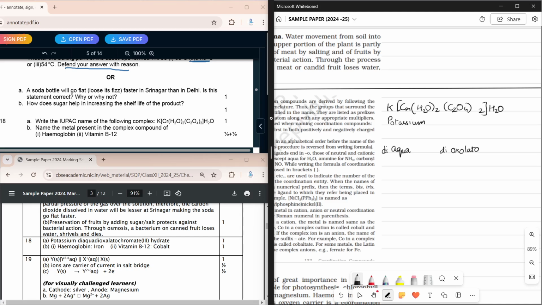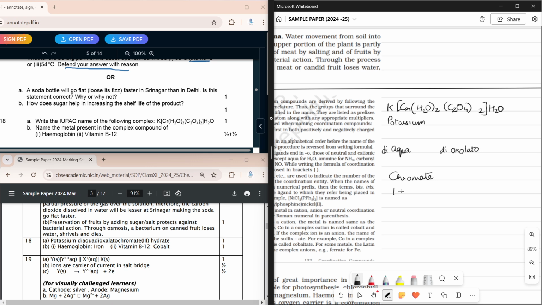Now, the central metal, which is chromium, since the complex is an anion it has to end with -ate, so it is going to be chromate. Now, we need to find the oxidation state of our central atom.